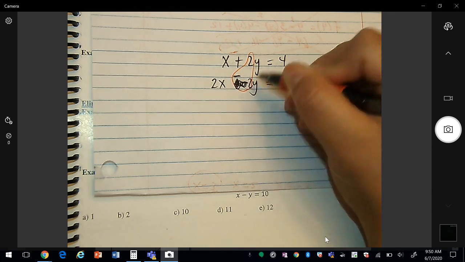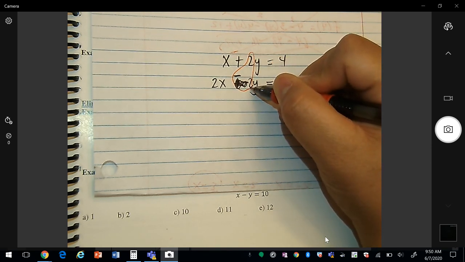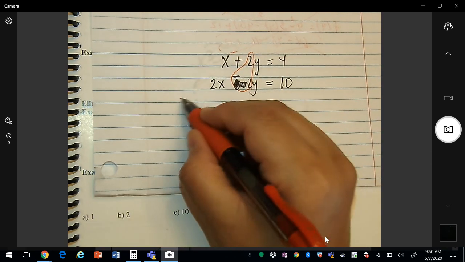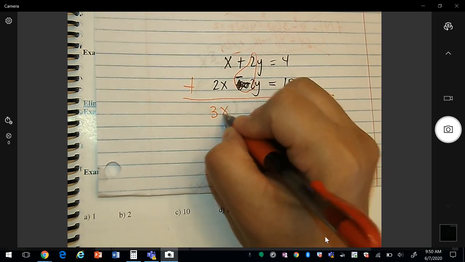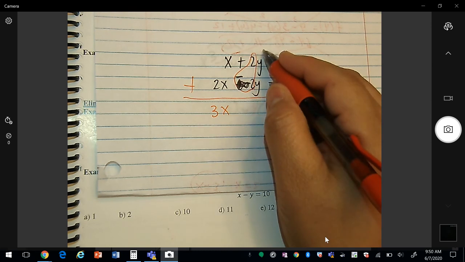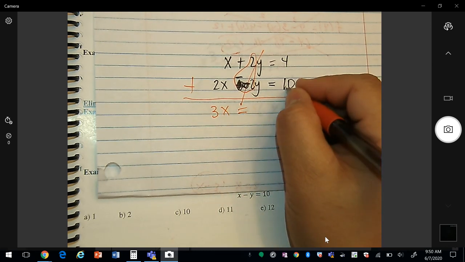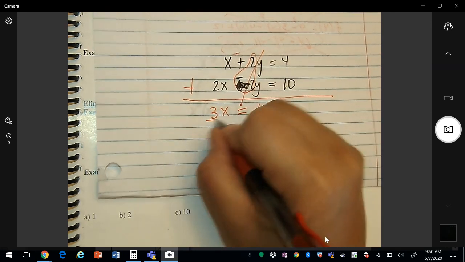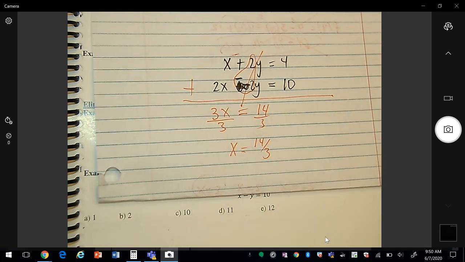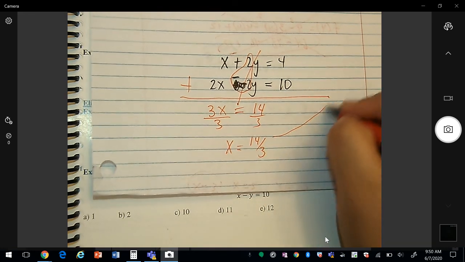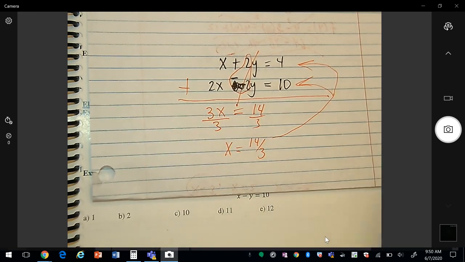Here I have a +2 and a -2. If you have that, then we can just add the equations. x plus 2x is 3x, 2y plus -2y is 0, and 4 plus 10 is 14. So then we divide by 3, so x is 14/3. Once you know your x, you can come back and plug it into one of the 2 equations.